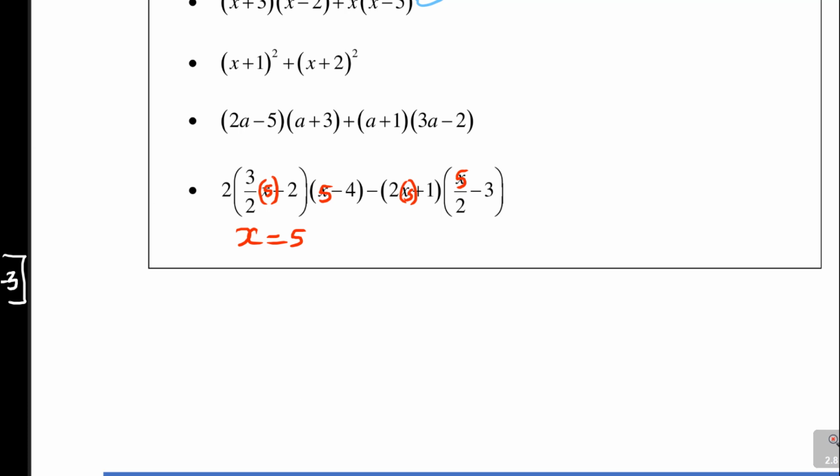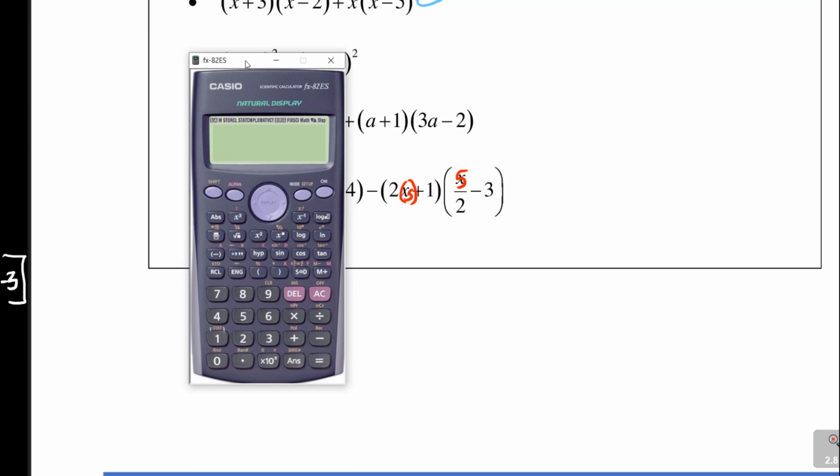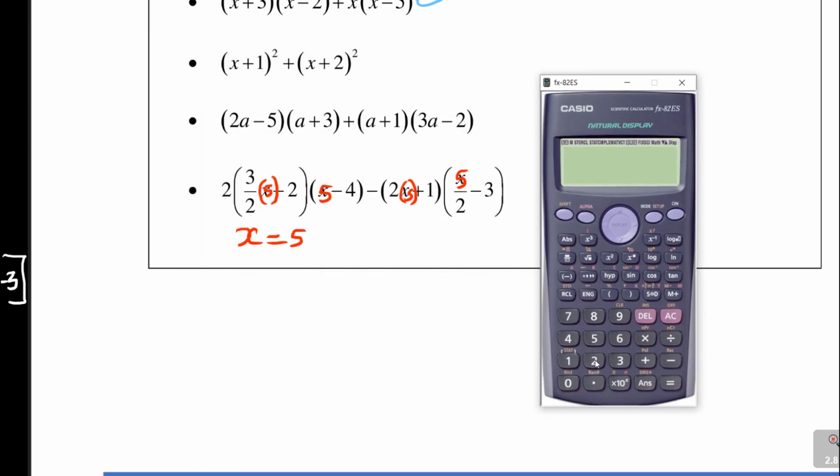So let me just do that here and see what answer it gives me. If the answer is matching, then I'm good. 2 bracket as is.